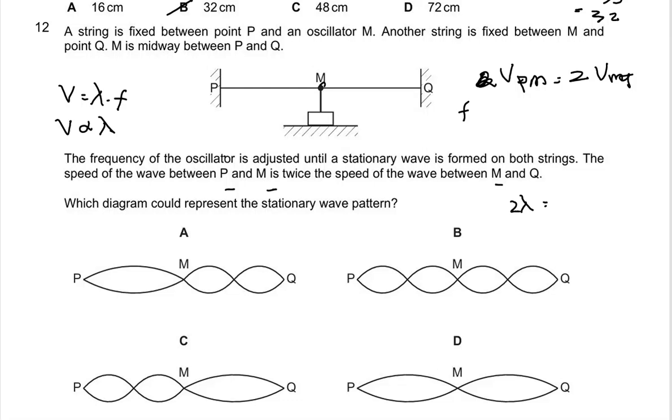So the answer is A. As the speed of PM is twice, the wavelength is also longer. A longer wavelength means we have fewer loops, so it only creates one loop in half a wavelength. This is one full wavelength with two loops.